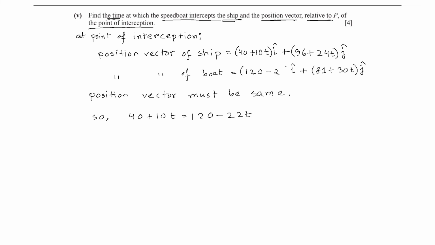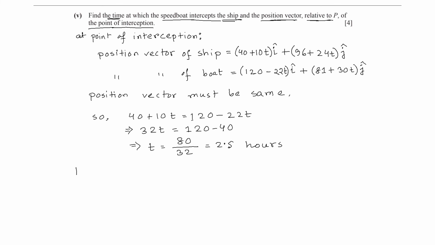It should be 120 minus 22t. So I have corrected it. Now let's come back to the equation. If we rearrange this equation, we can write 32t, as 10 plus 22 is 32, and on the right hand side we can write 120 minus 40. Now t will be equal to 80 divided by 32, which is 2.5 hours.